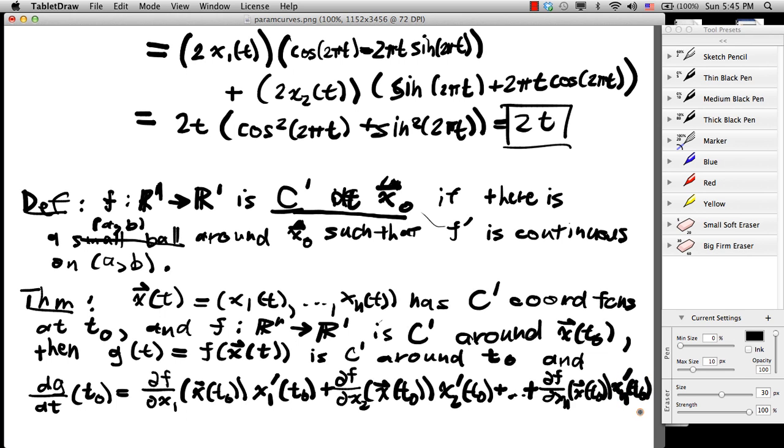And this is the first chain rule, but we'll have many others.